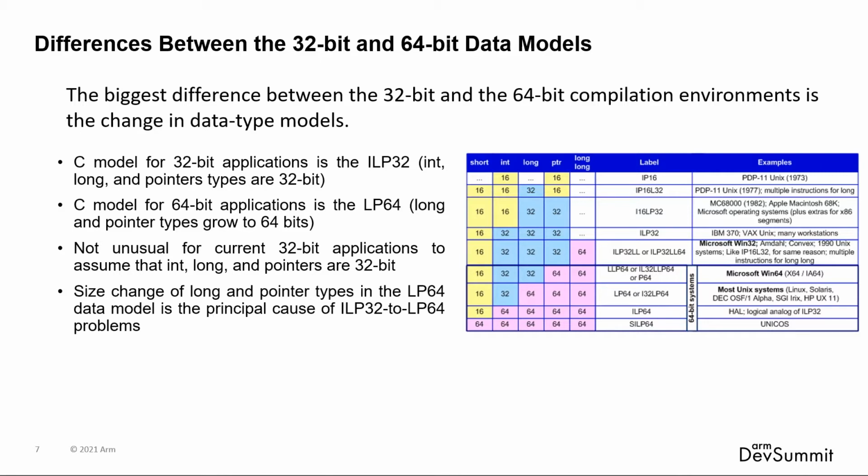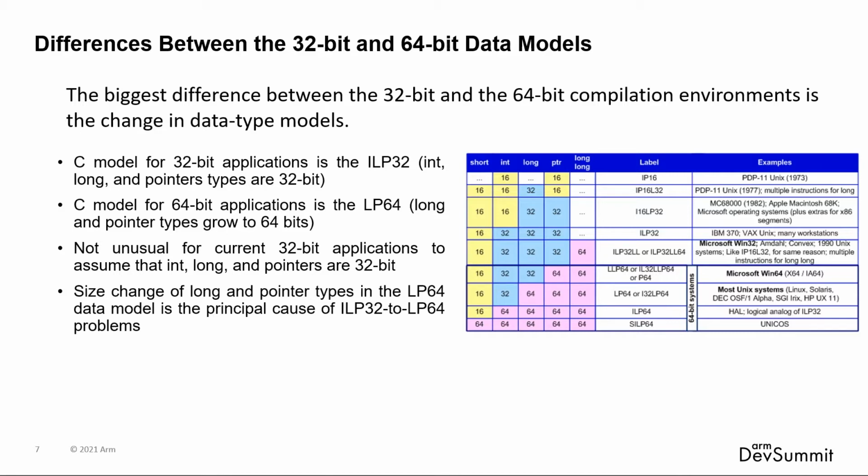Going down a few more lines to just above the heavy line indicating crossing into the 64-bit territory, you have ILP32, LL64, meaning integers, longs, and pointers are all represented by 32-bit values, and long long integers are 64 bits in size. This should be familiar to most programmers working with 32-bit ARM processors today.